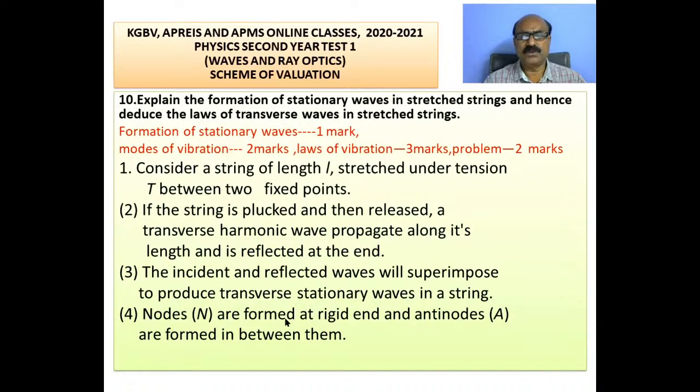Nodes N are formed at rigid ends and antinodes A are formed in between them. So nodes and antinodes are formed while plucking the string when it is stretched between the two rigid supports. The length of the string is considered as L and the tension applied to the string is T. And we have also considered another concept, that is linear density, total mass by total length.